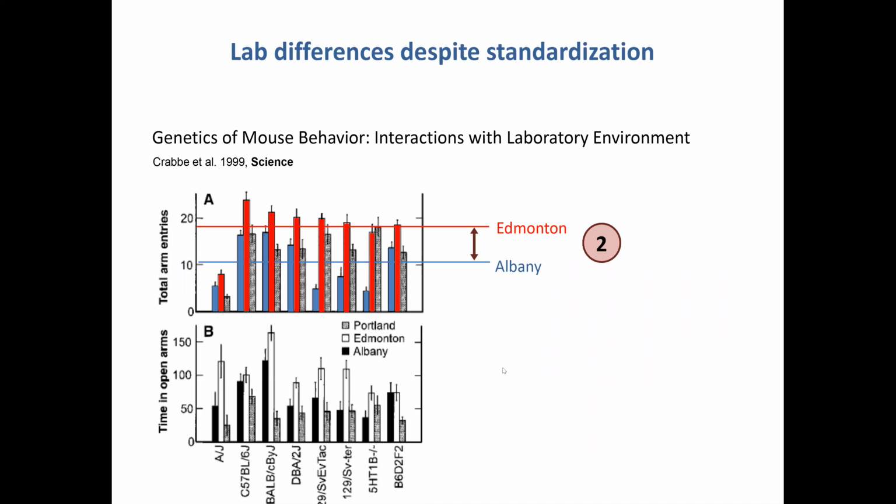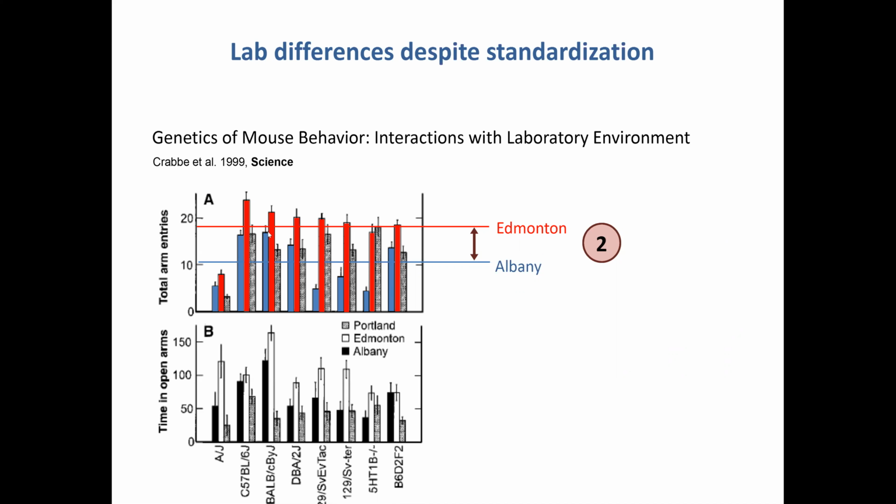What you can also see, I tried to highlight this by using color, if you compare these 2 labs, Albany and Edmonton, you see that for this variable, total arm entries in the elevated plus maze, for every strain, you see the same pattern, namely that in Edmonton, animals had more arm entries than in Albany.